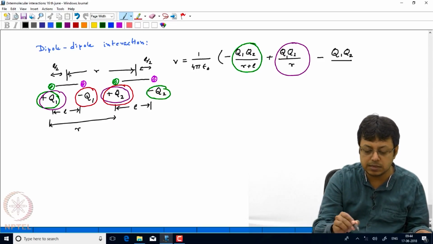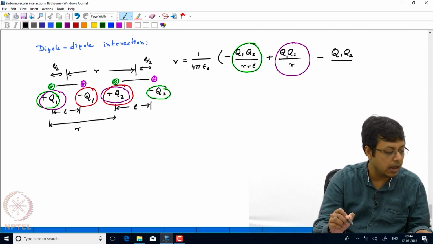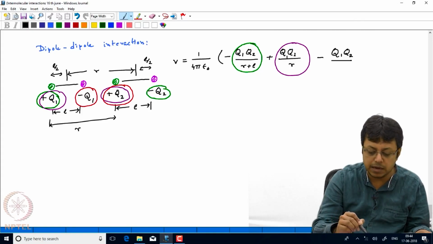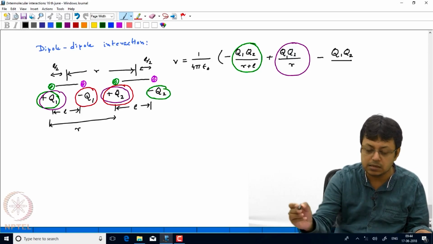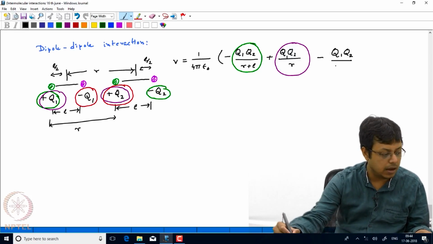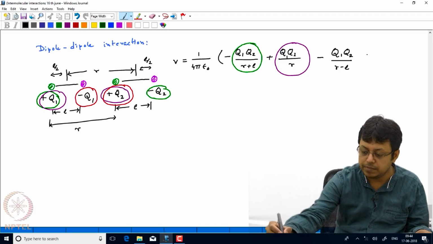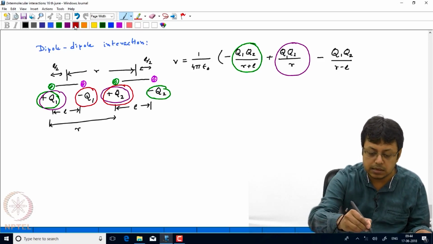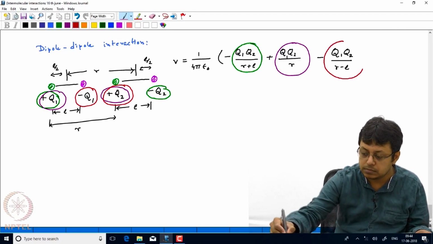As you can see, the overall distance is R, the center to center distance, and then we have to subtract L by 2 from both sides. So we will have basically R minus L, and this is this interaction.